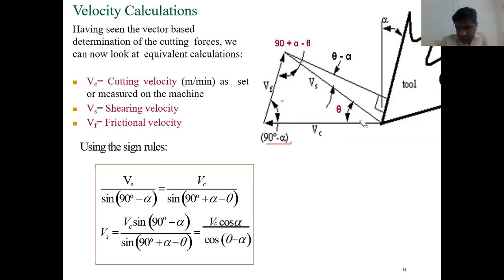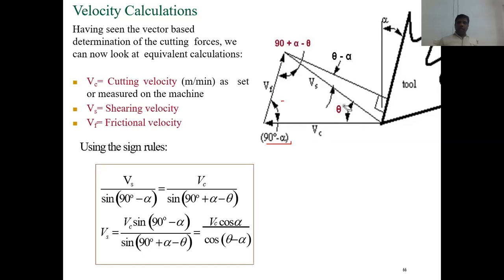So I am just taking a ratio: VS divided by sine of 90 minus alpha is equal to VC divided by sine of 90 plus alpha minus theta, which is also equal to VF divided by sine theta. So this is the sine rule.